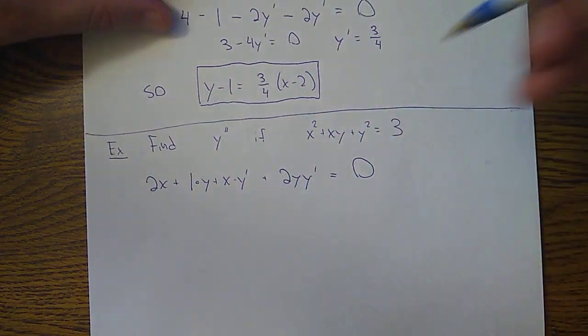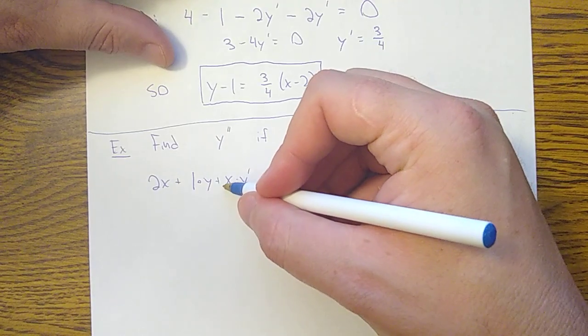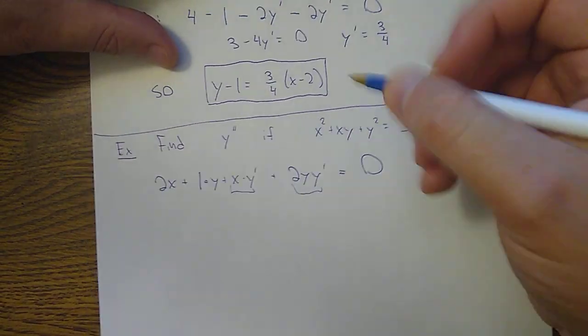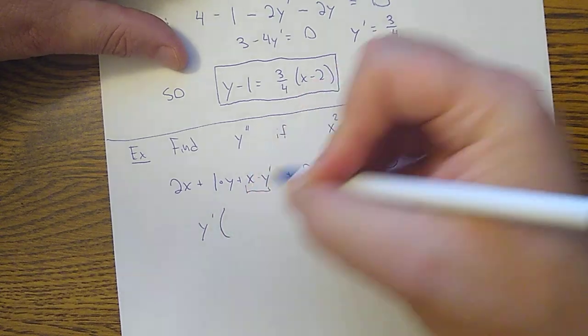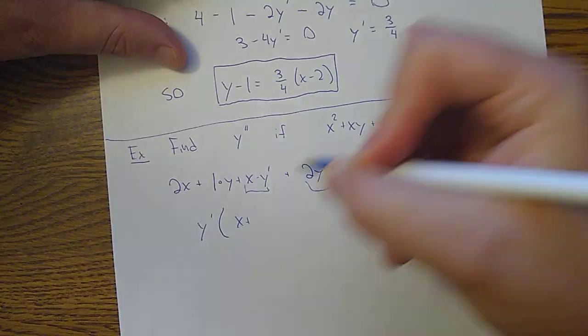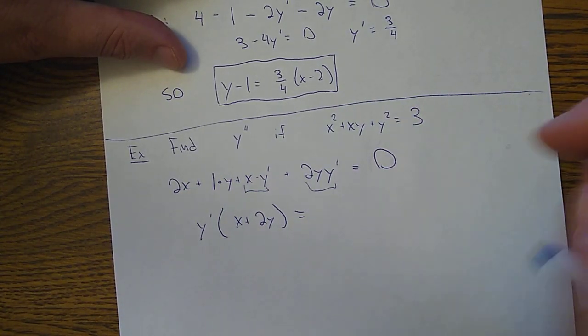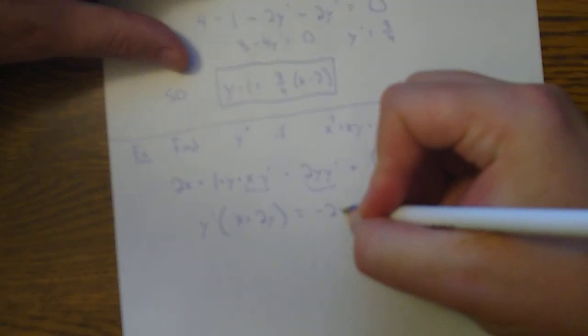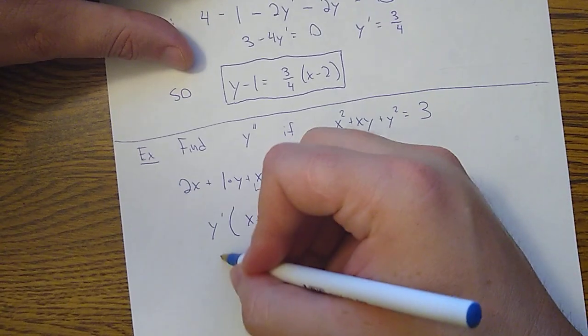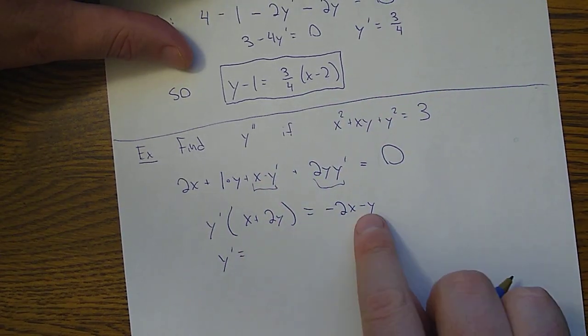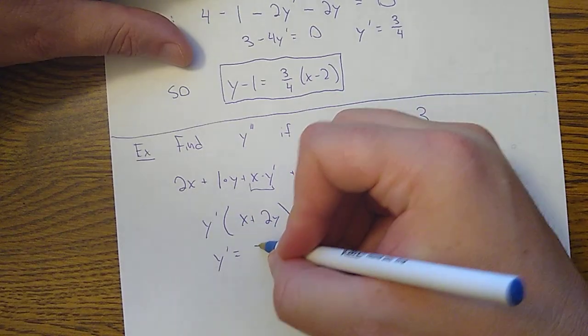And now I'll solve for y prime like I've done a few times. So y prime is here and here, so I'm going to factor y prime out of this stuff. This moves over here. And finally I solve for y prime by dividing by this.